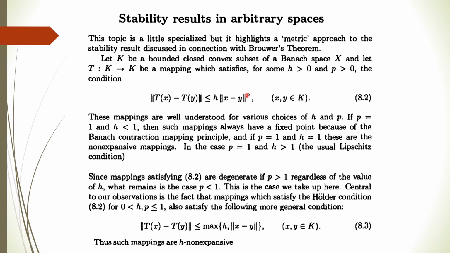If we take p to be 1 and h strictly less than 1, then this is a contraction mapping, and the Banach theorem is applicable here, so we always have a fixed point. And if p is 1 and h is also 1, then these mappings are said to be non-expansive. And in case p is 1 and h is greater than 1, then that is the usual Lipschitz condition.